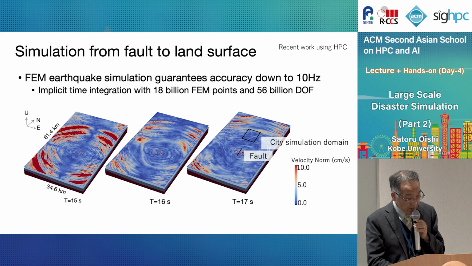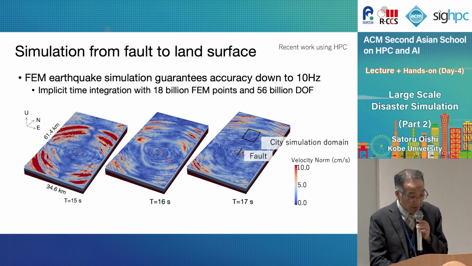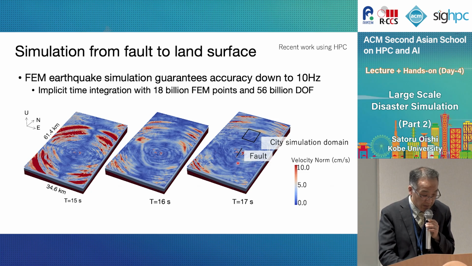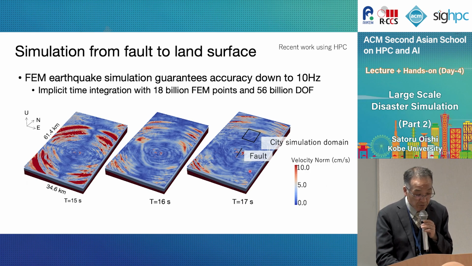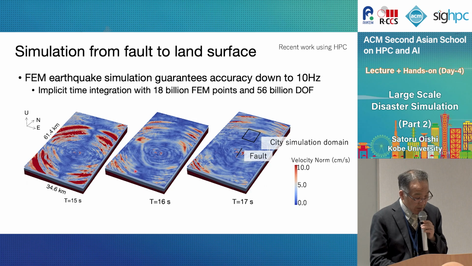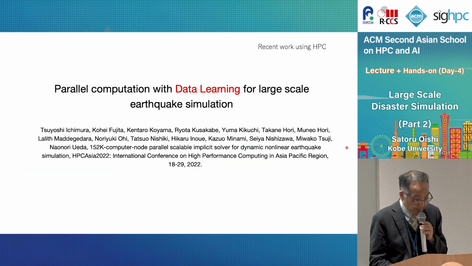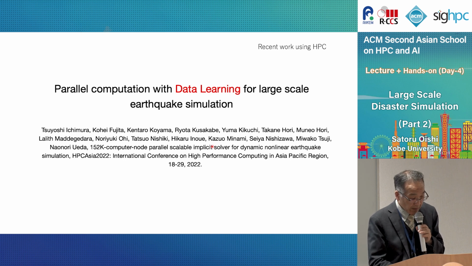So this is the calculated data after 15, 16, and 17 seconds. The color on the map shows the velocity norm. It is well calculated.